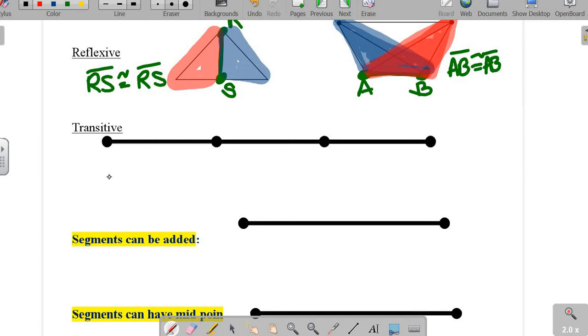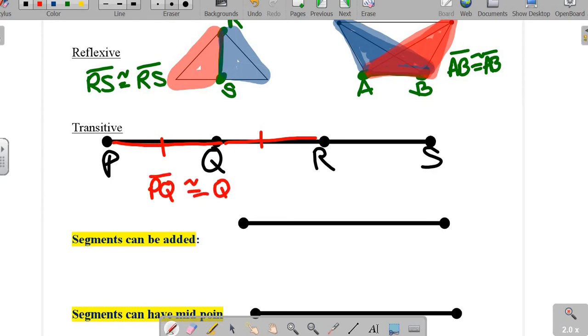Transitive. Transitive says this. Let's say I have two segments. PQ is congruent to QR. Let's write that right here. PQ is congruent to the segment QR. Let's say it's also true that QR is congruent to RS.